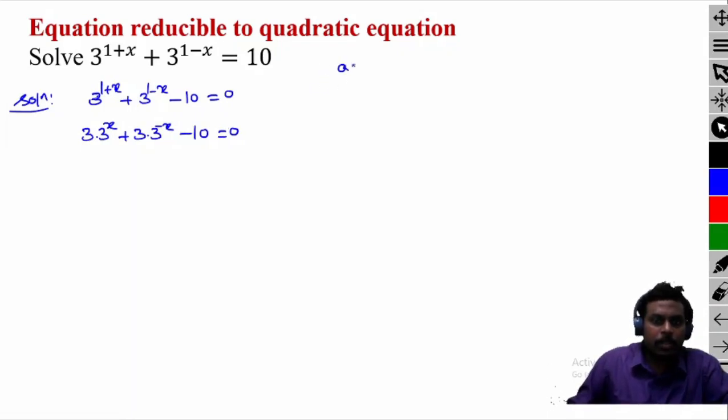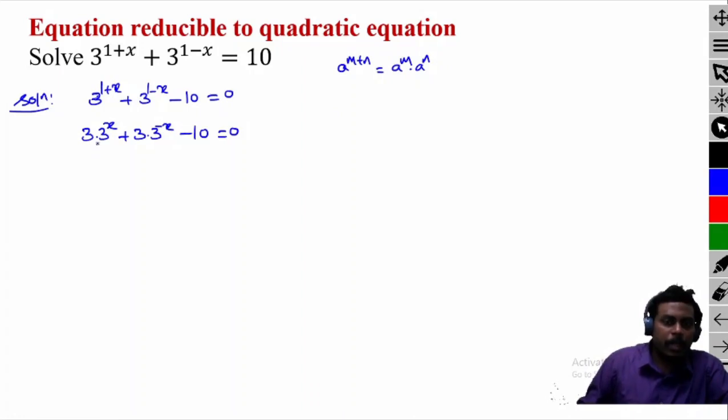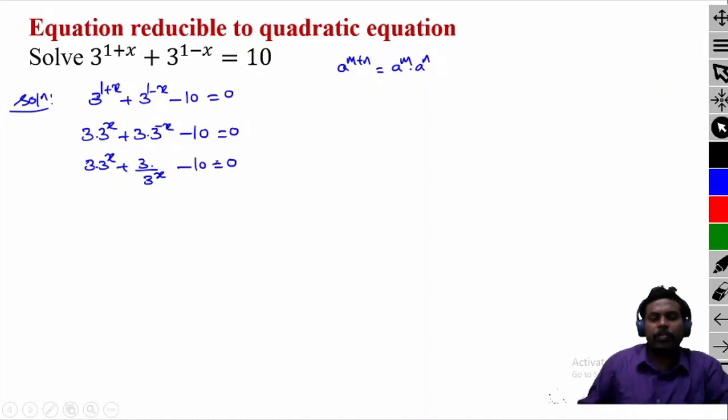So we are using this property of reals: a to the power m plus n is a to the power m into a to the power n. Now this can be written as 3 into 3 power x plus 3 divided by 3 power x minus 10 is equal to 0.